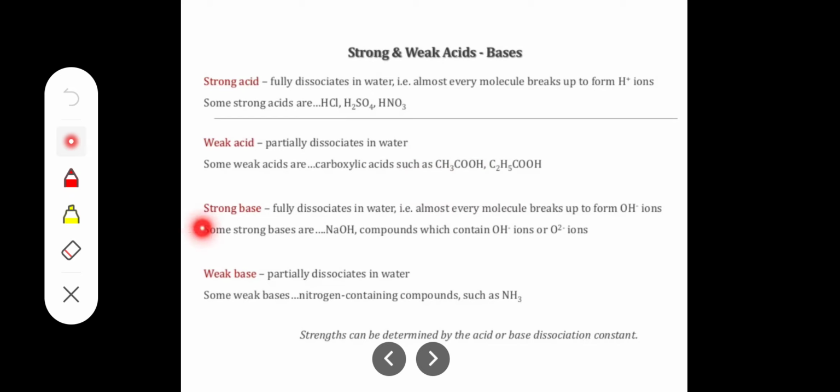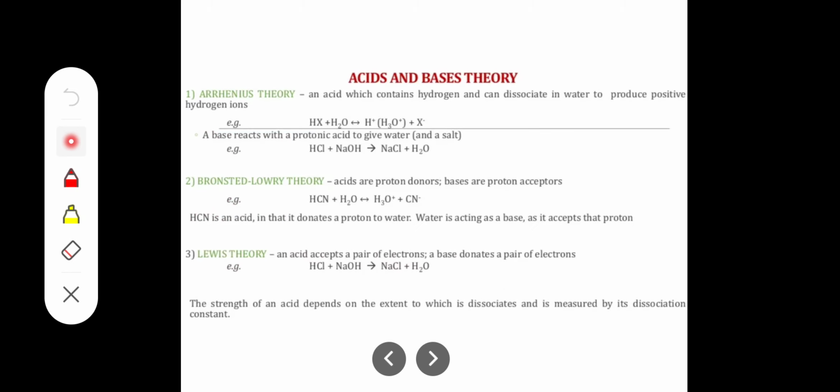Strong bases fully dissociate in water, with almost every molecule breaking up to form hydroxyl ions; some strong bases are sodium hydroxide. Weak bases partially dissociate, like ammonia. So these are different examples of strong acids and strong bases, and like that, we can conclude.